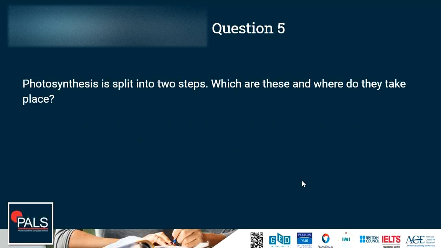Question number 5. Photosynthesis is split into 2 steps. Which are these steps and where do they take place? Now, this is a bit more challenging question. Take your time.